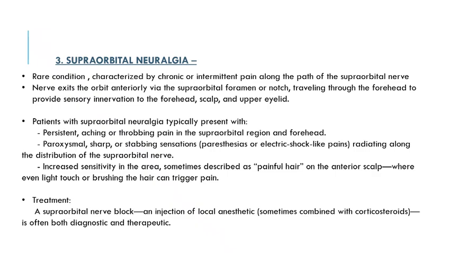Patients with supraorbital neuralgia typically present with persistent aching or throbbing pain in the supraorbital region and forehead, paroxysmal sharp or stabbing sensation, that is paresthesia or electric shock-like pain, radiating along the distribution of the supraorbital nerve, and increased sensitivity in the area, sometimes described as painful hair on the anterior scalp, where even light touch or brushing the hair can trigger pain. The treatment is a supraorbital nerve block. Injection of local anesthetic, sometimes combined with corticosteroids to reduce inflammation, is often both diagnostic and therapeutic.